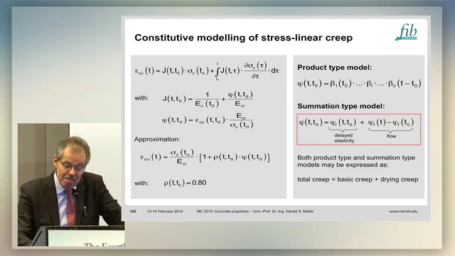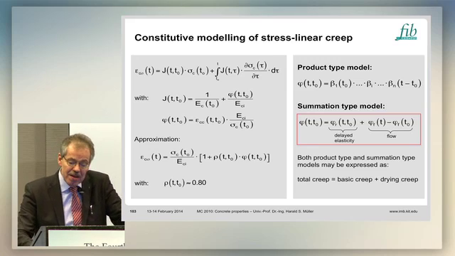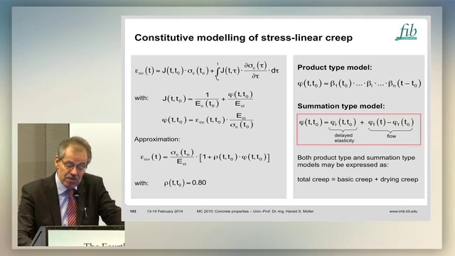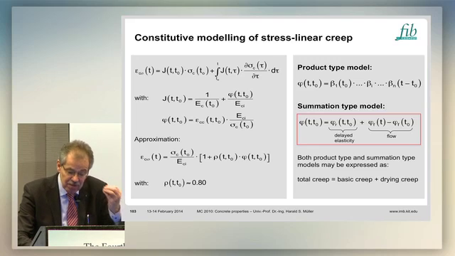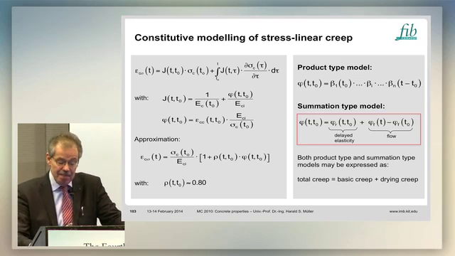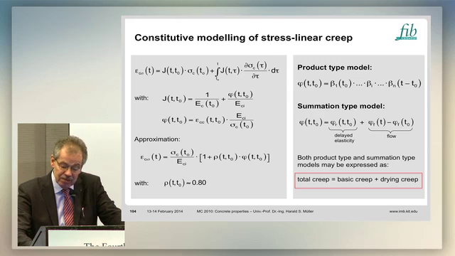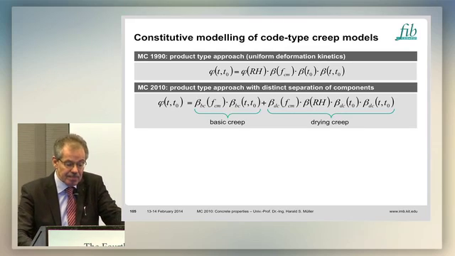Some of you will remember that the Model Code 78 had such an approach, but we now adopted this product type approach for the new Model Code, and it was also included in Model Code 90 for some reasons. And you also have to keep in mind that within these different types of approaches, from the constitutive point of view, you may include, of course, a separation of total creep into basic and drying creep components.